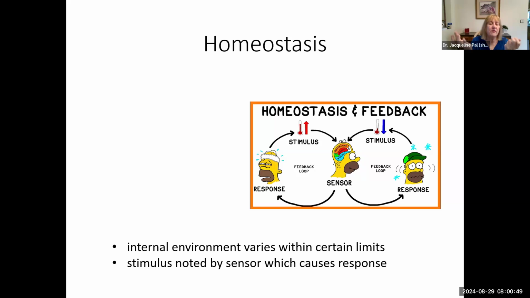And so oftentimes I ask students, what's your body's normal temperature? And they go 98.6. And I go, actually, no, it's a range. Anywhere between 97 and 100 is normal. Early in the morning, 5, 6 o'clock, your body temperature is not going to be 98.6.